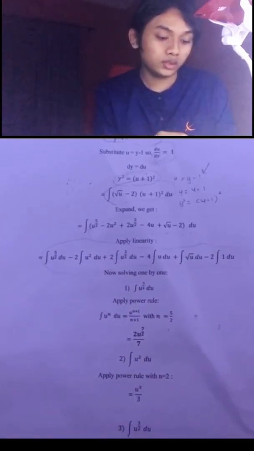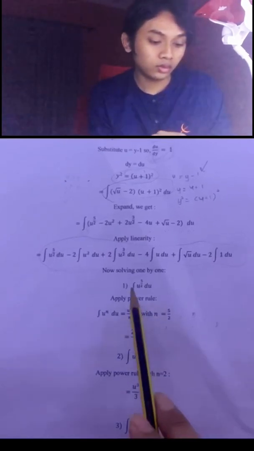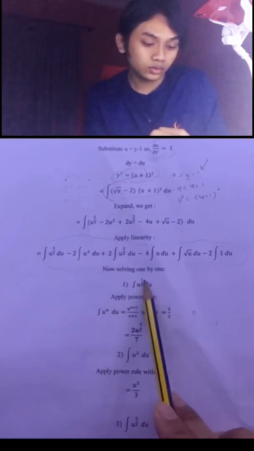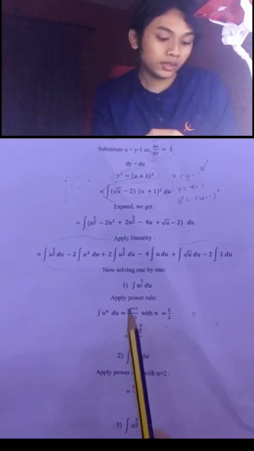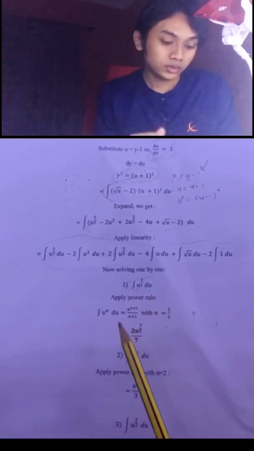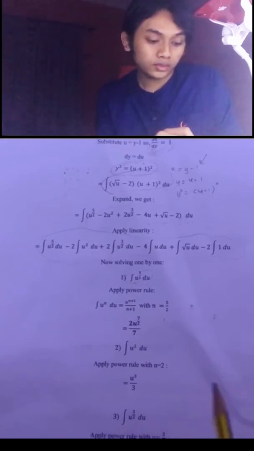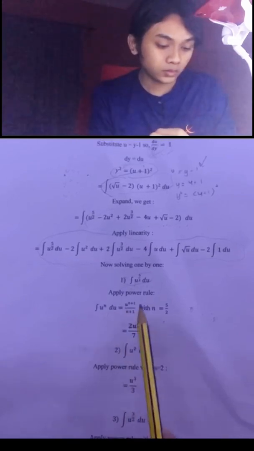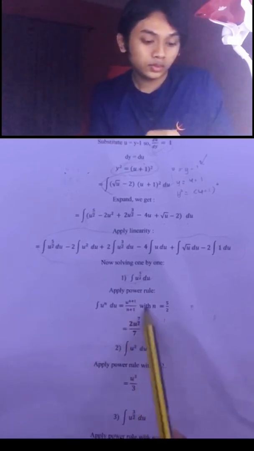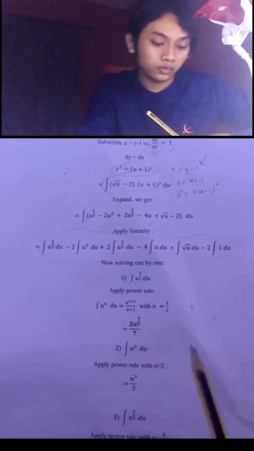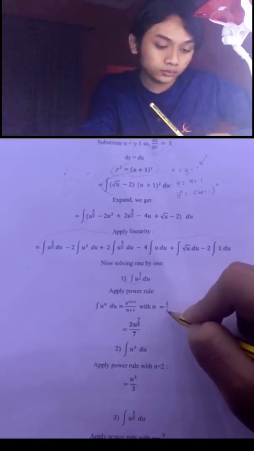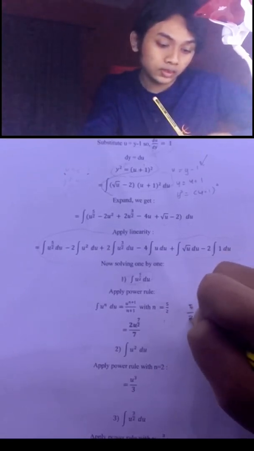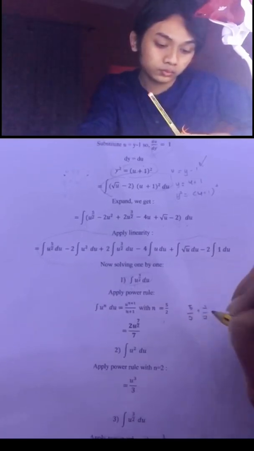So the first one is integration of u power of 5 over 2 du. From this we apply the power rule, which is integration of u^n du equal to u power of n plus 1 over n plus 1, with n equal to 5 over 2, and we get n plus 1 equal to 7 over 2.